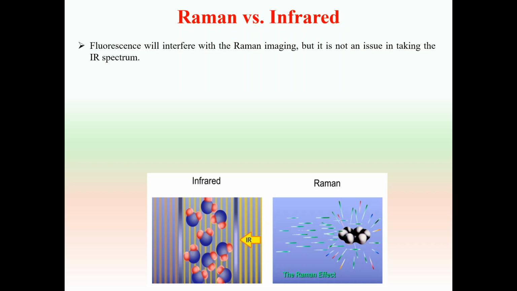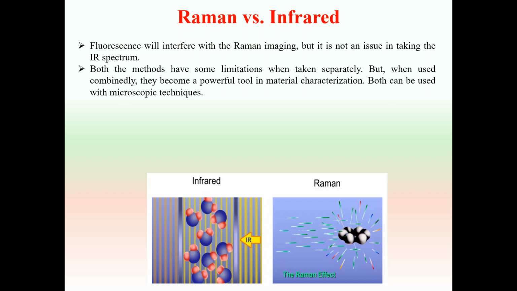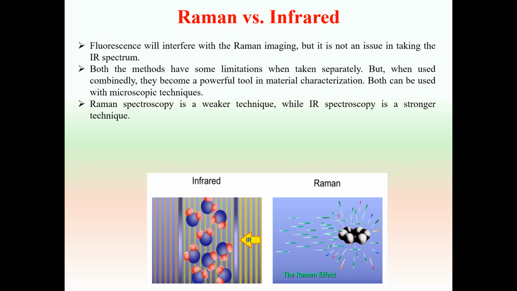Fluorescence will interfere with Raman imaging, but it is not an issue in taking an IR spectrum. Both methods have some limitations when taken separately, but when used in combination, they become a powerful tool in material characterization. Both can be used with microscopic techniques.